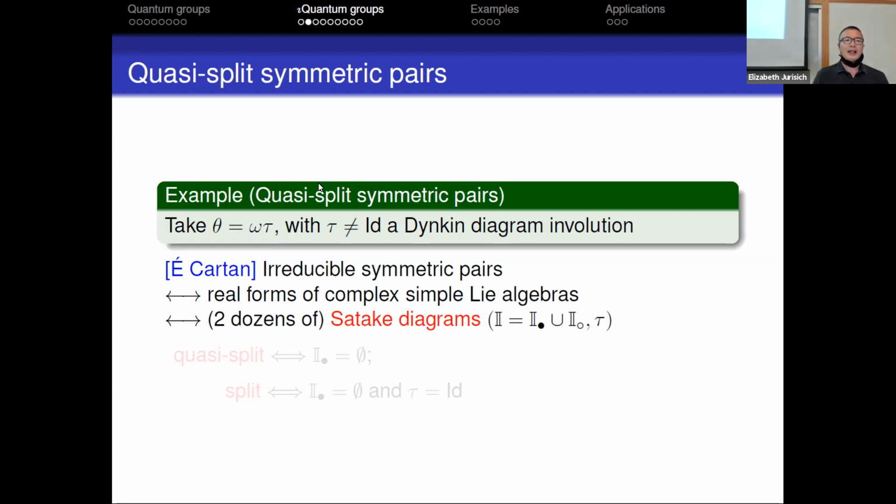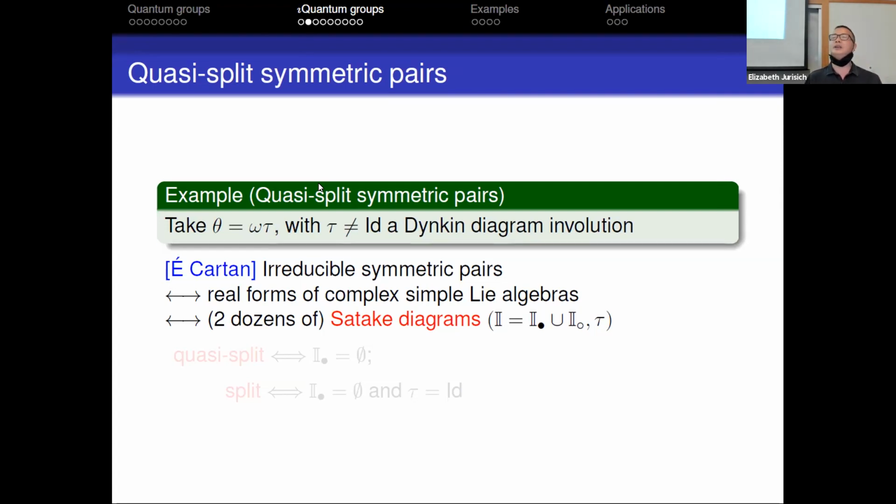And Cartan classified all these irreducible symmetric pairs, and they are in bijection with the real forms of complex simple Lie algebras. If you are interested in a diagram classification, you can also draw the Dynkin diagram and add some decoration to it.